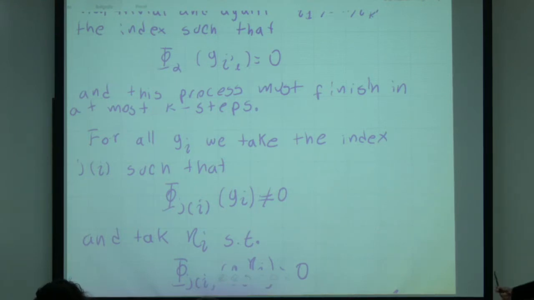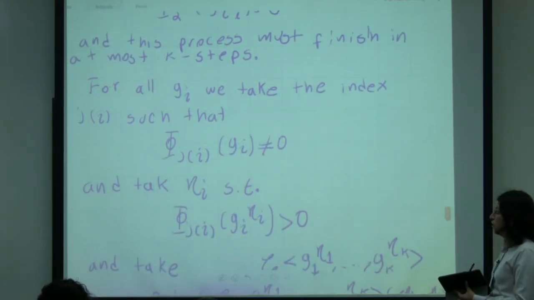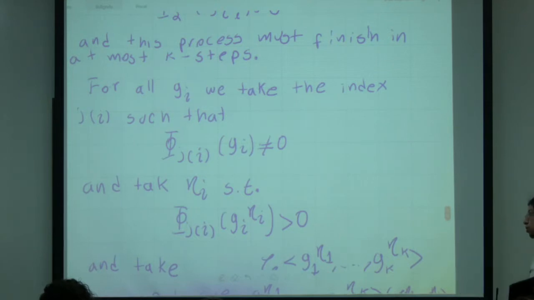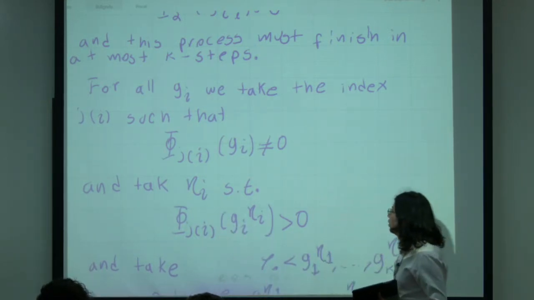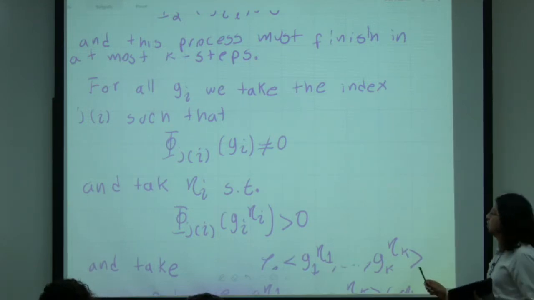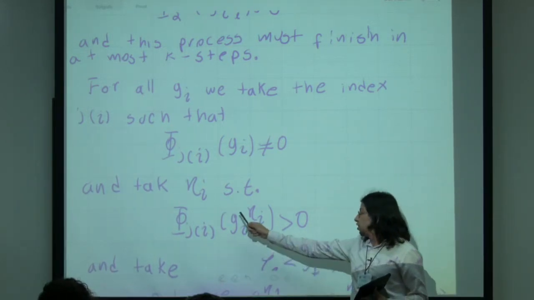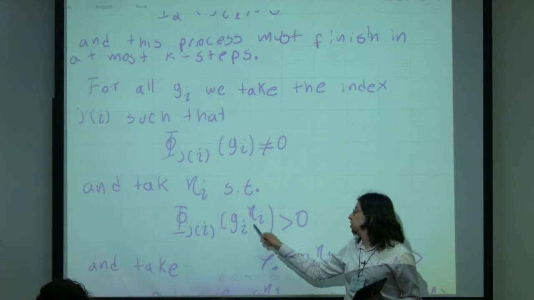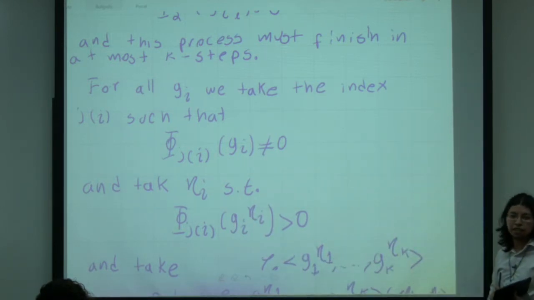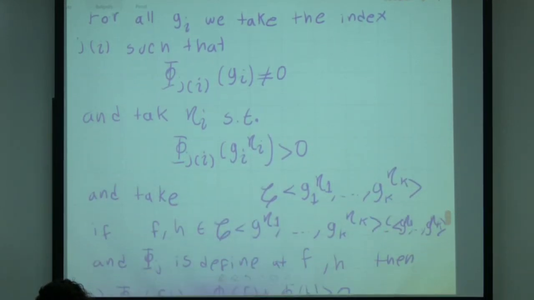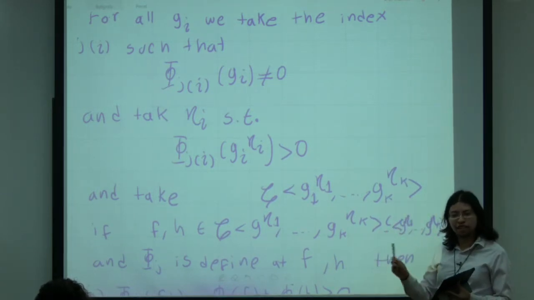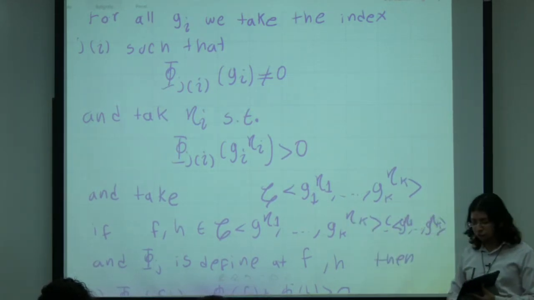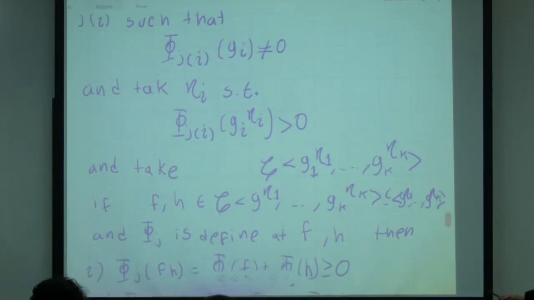So in this moment, we chose the exponent of g_i as the exponent such that this homomorphism sends this to a positive element, and we take the semigroup we generate from this, and we need to prove that the identity element doesn't belong to this, right?